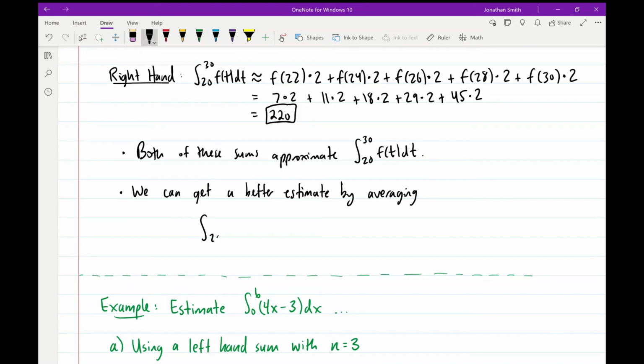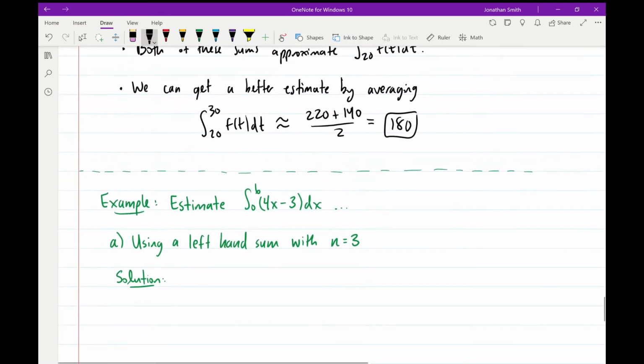So then we would say that the definite integral from 20 to 30 of f of t dt is approximately 220 plus 140 divided by 2, which would give us 180. So this 180 would be a bit of a better approximation of what the actual definite integral is.